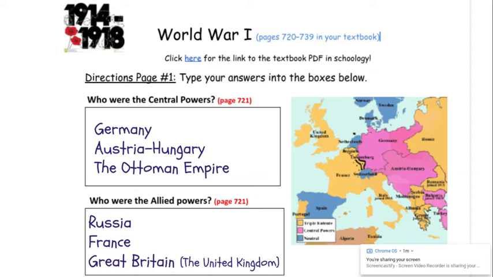Germany, Austria-Hungary, and the Ottoman Empire are your Central Powers. And then the Allied, the three big ones, Russia, France, and Great Britain, or the United Kingdom. Now, the Allied powers are the ones that we joined the war to fight with. So we were fighting against the Central Powers up here. If you need to, you can pause the screencast and write those down or type them in.